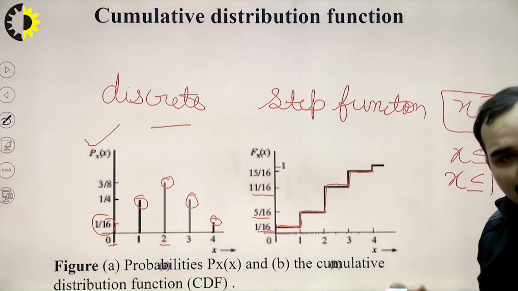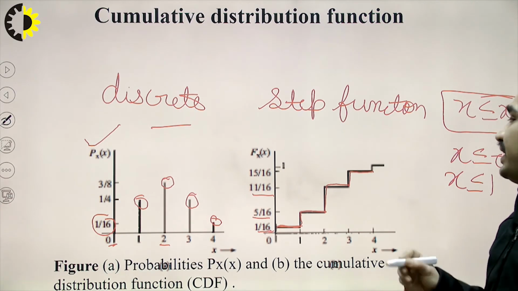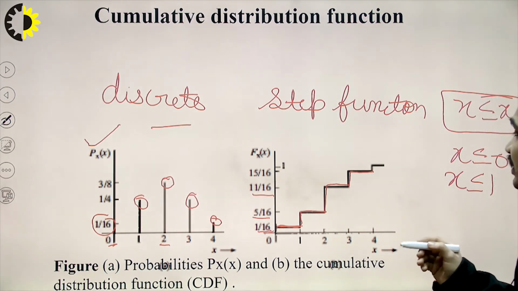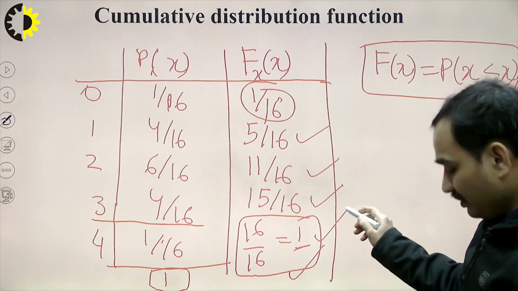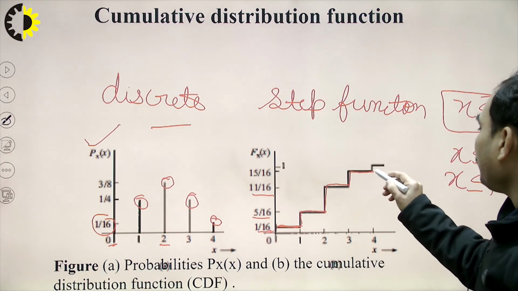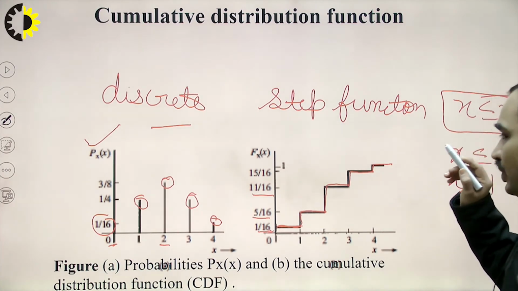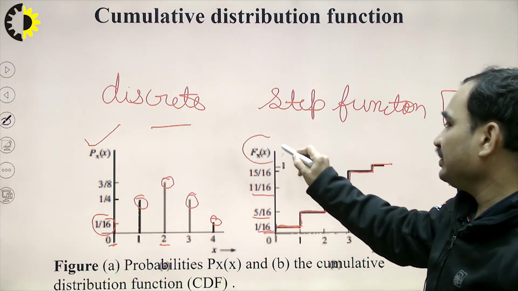For x equals 4, where the number of heads equals 4, again we have the maximum value that is equal to 1, and we have seen it while calculating. So we are getting the maximum value as 1. So we have defined the probability as well as the cumulative distribution function, that is F of x.